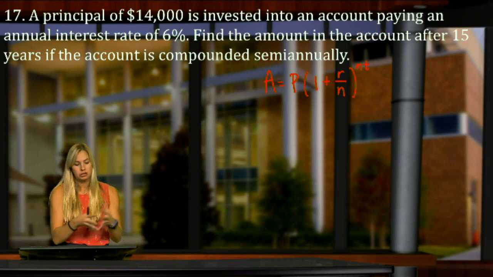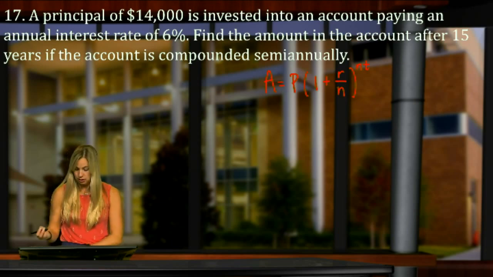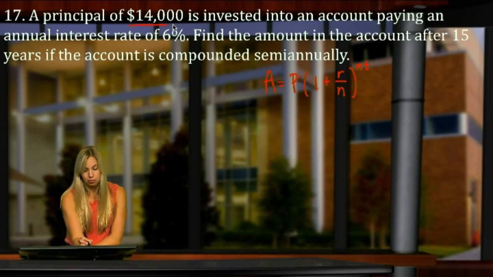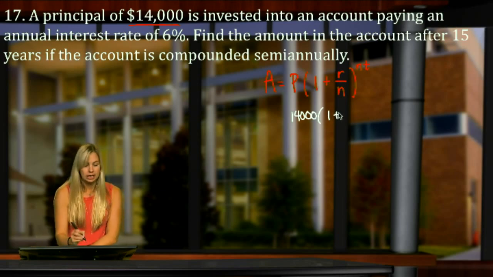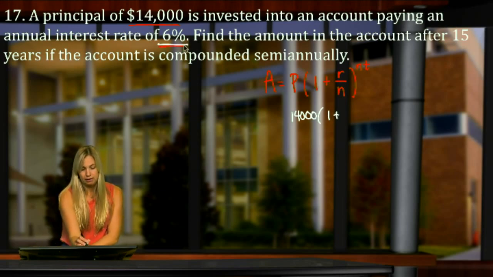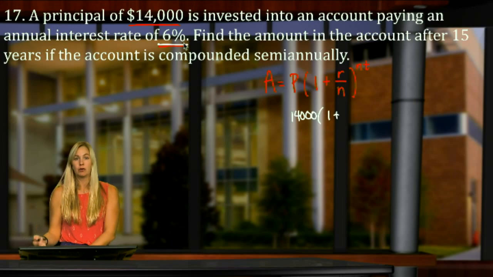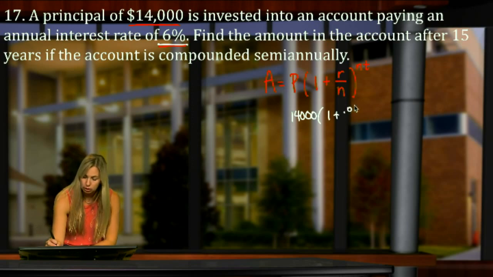So again, going back to the problem, the context, and identifying what values they've given us. They've given us our principal, so we know that this is $14,000. The interest rate is 6%. Since the interest rate is 6%, remember when we substitute a value into the formula, we need to convert it to a decimal, so this is 0.06.